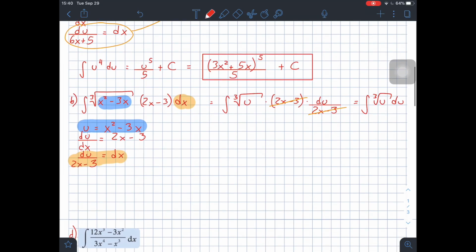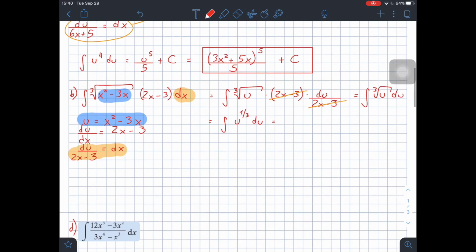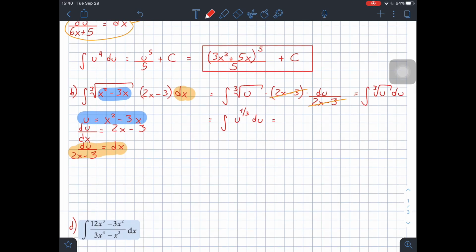So to find this integral, remember, whenever we have a radical, it's more convenient to write it in the exponent form. This is u to the power of 1/3 du. So if I integrate this, I need to add 1 to the exponent. So this would be u to the power of 4/3 over 4/3 plus c, right?